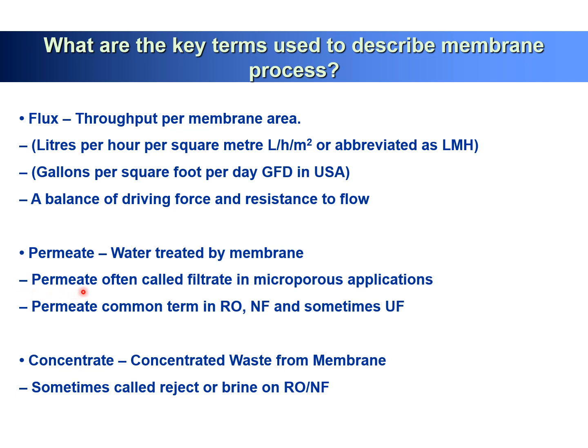This permeate is often called filtrate in microporous applications, and permeate is the common term in SWRO, NF, and sometimes ultrafiltration. Concentrate is the waste from the membrane, sometimes called reject or brine in reverse osmosis and nanofiltration.